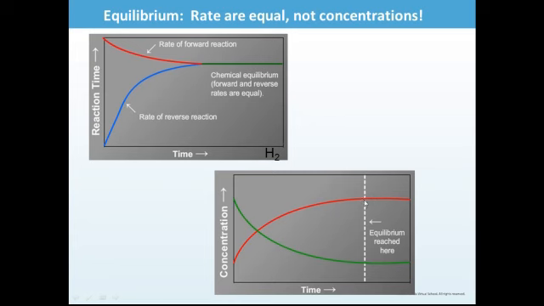So once you reach equilibrium, the concentrations don't change because the rate of the forward reaction equals the rate of the reverse reaction. Two things important to remember. At equilibrium, the rate of the forward reaction equals the rate of the reverse reaction, and at equilibrium, the concentration of your chemicals does not change.